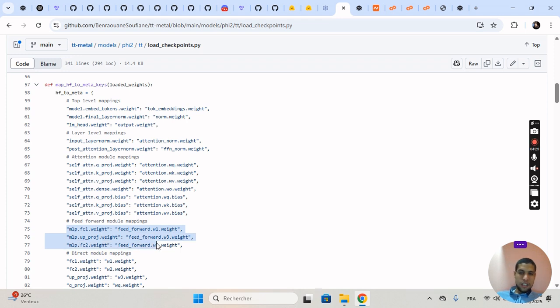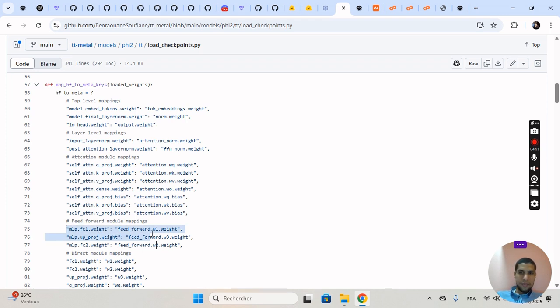Concerning the MLP, most models have three weights, but micro models like Qwen and Phi 2 are somehow small.